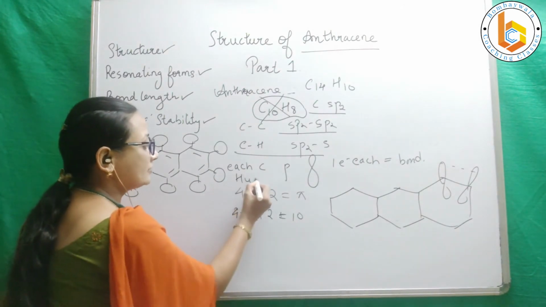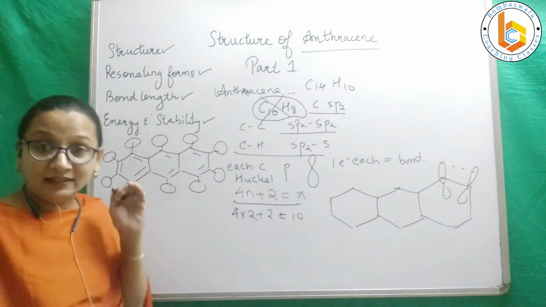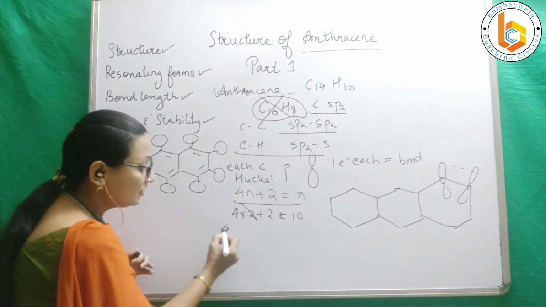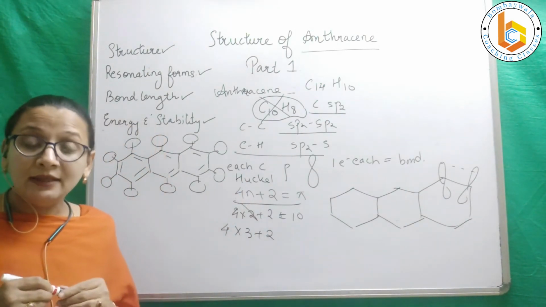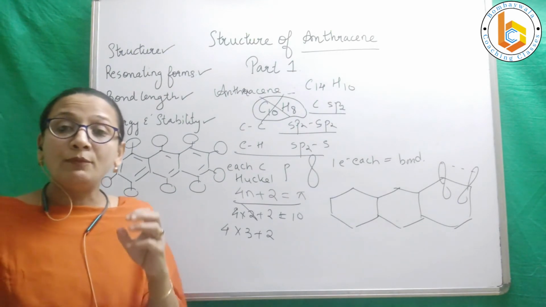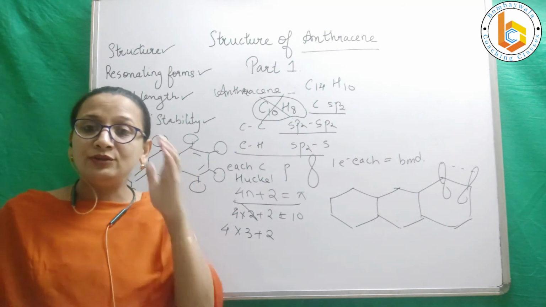Huckel rule says that 4n plus 2 is equal to the number of pi electrons, and for anthracene we are not going to take n as 2 but we will be taking it as 3. 4 into 3 plus 2, because Huckel rule says that n should be any whole number. It cannot be 1.5, 1.7, 2.8. It has to be 1, 2, 3.